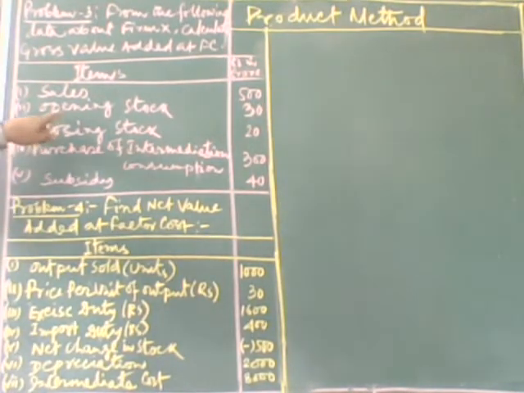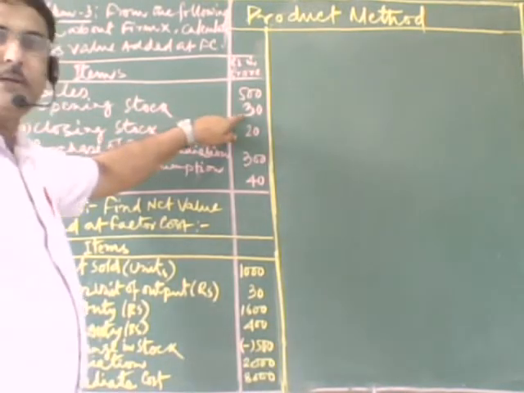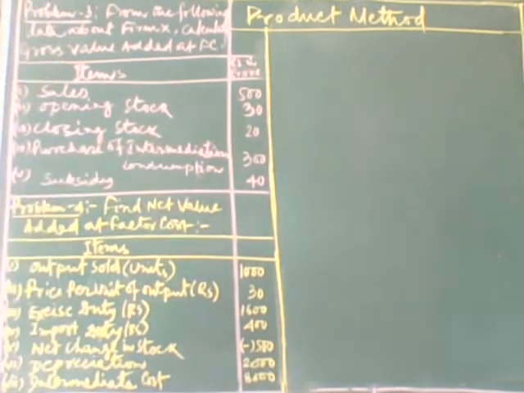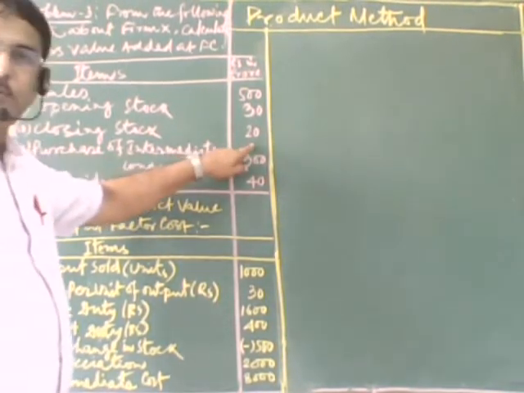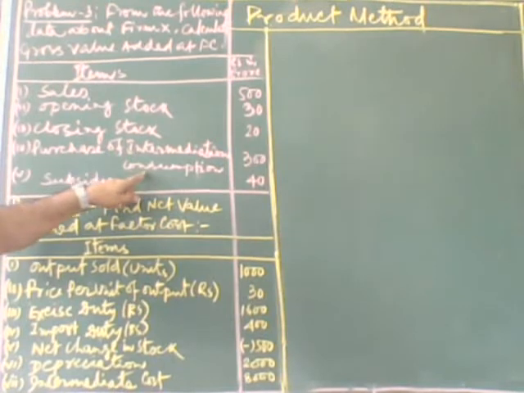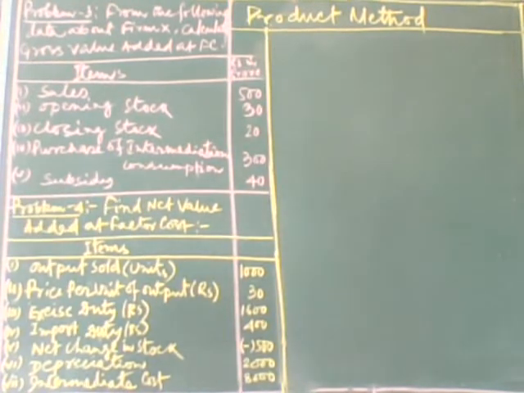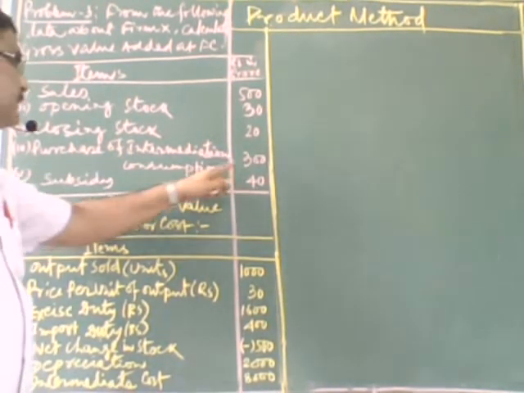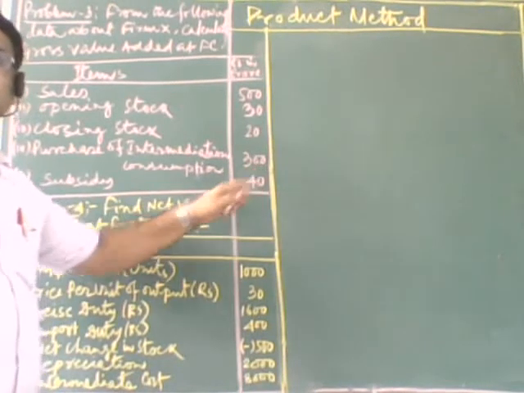Item number 2, opening stock. That value is 30. Item number 3, closing stock. That value is 20. Item number 4, purchase of intermediate consumption, that value is 300.